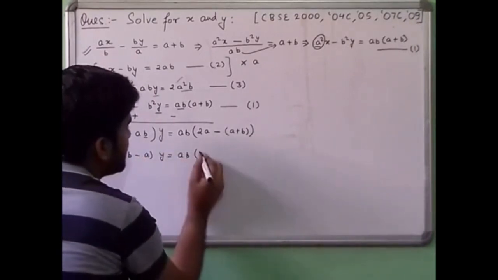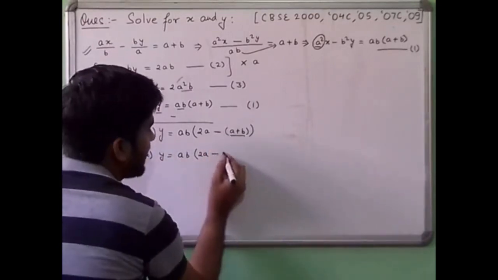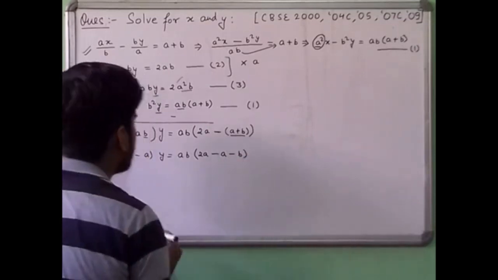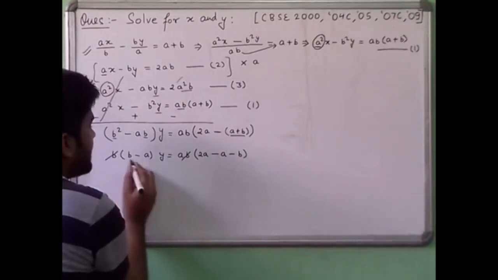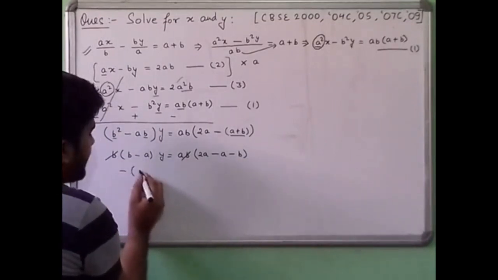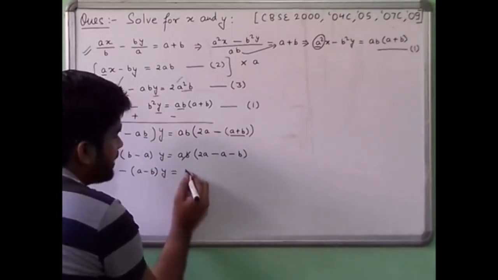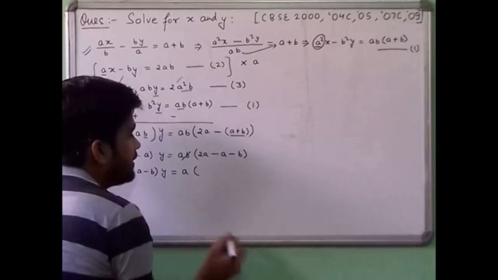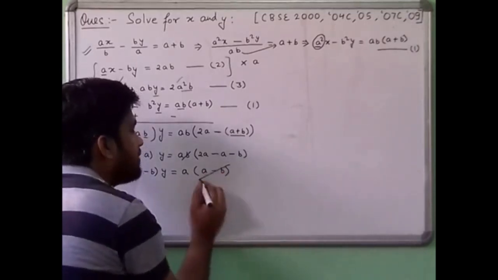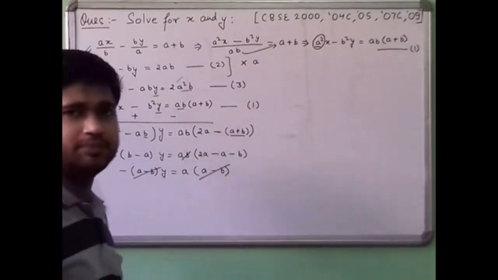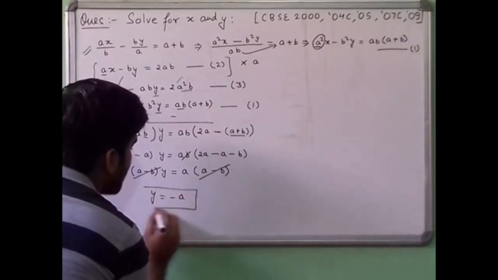Converting the sign, it's minus a minus b, b cancels out by b, by taking minus common here, and it forms minus a minus b multiplied by y. It's 2a minus a, it's a minus b, a minus b cancels out by a minus b, and the value of y is equal to minus a.